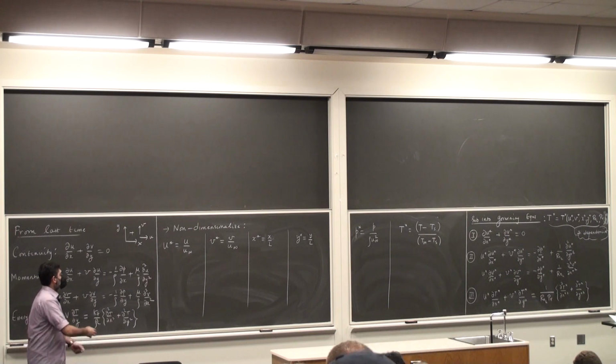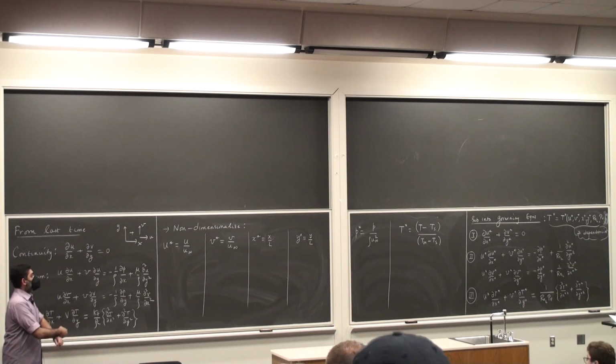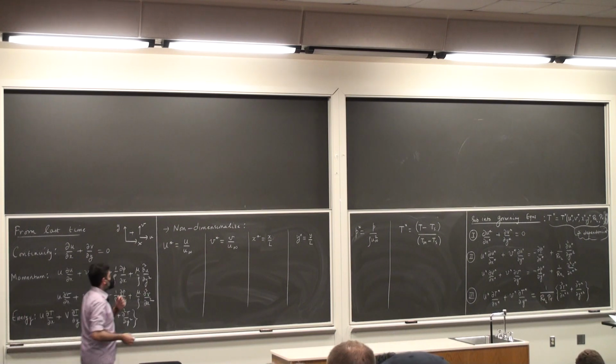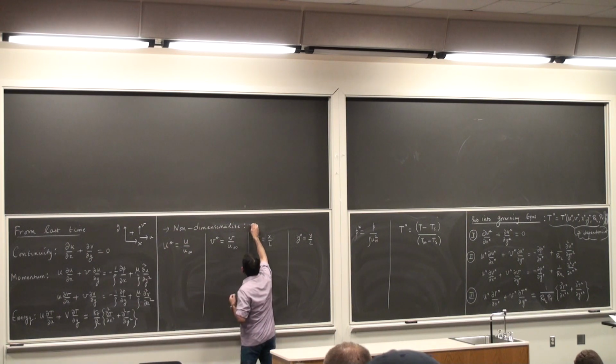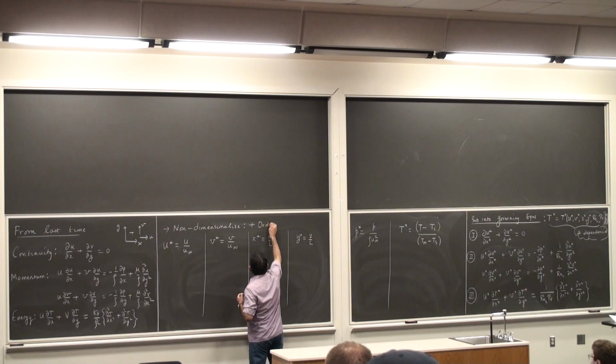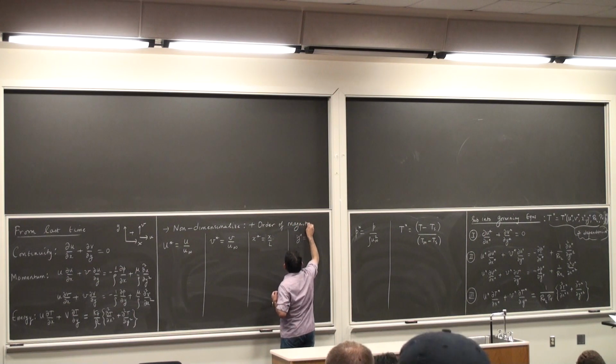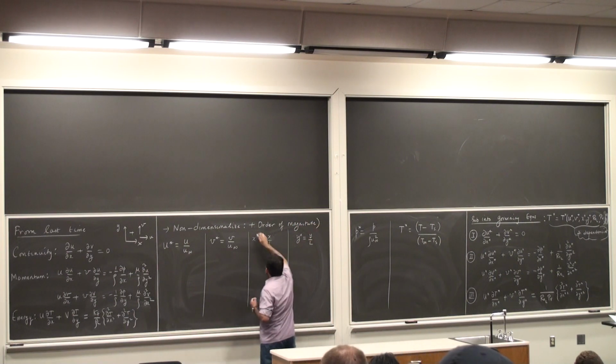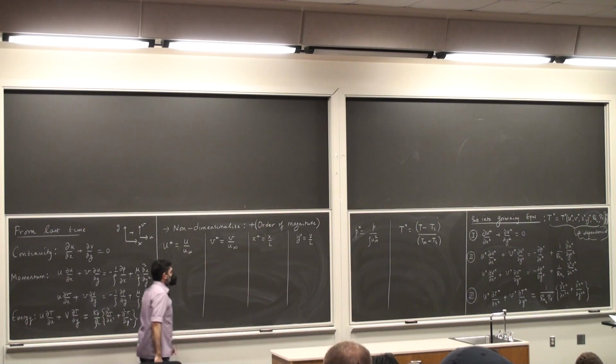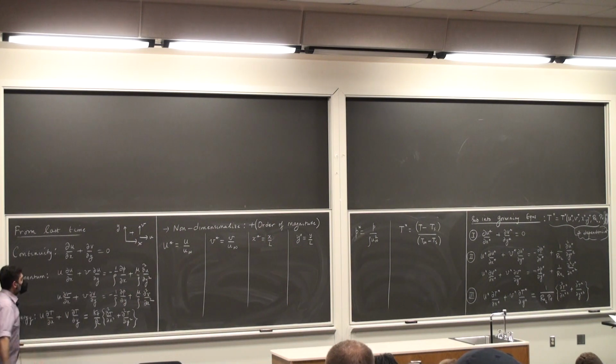Okay? So what we are going to do next is called an order of magnitude approach. In all reality, this is a part of a course like intermediate fluid mechanics.